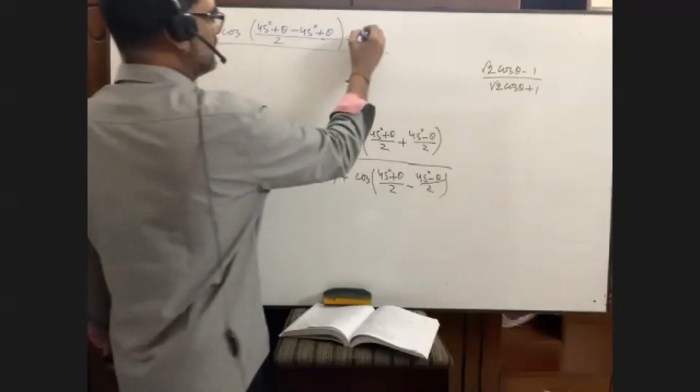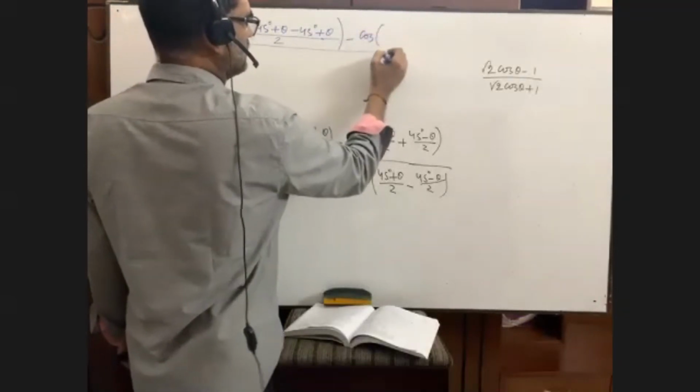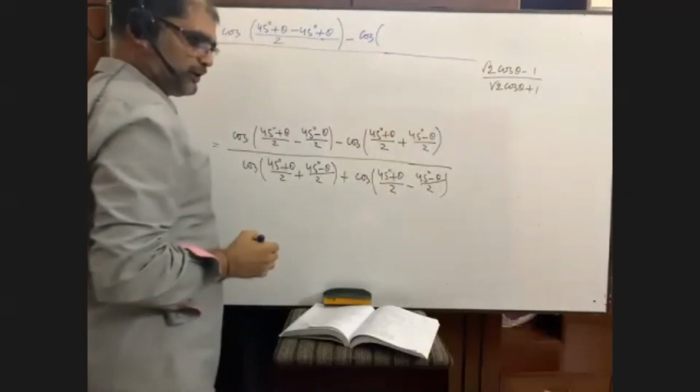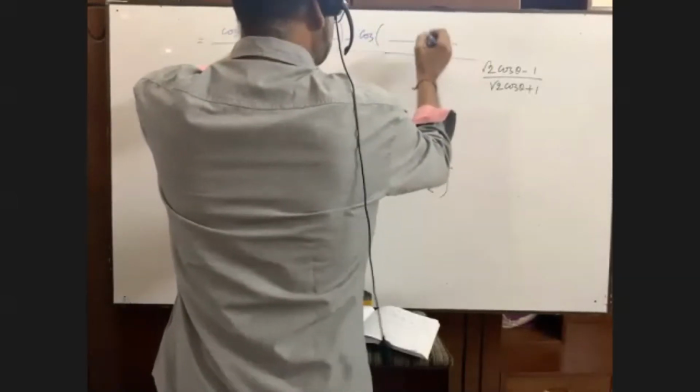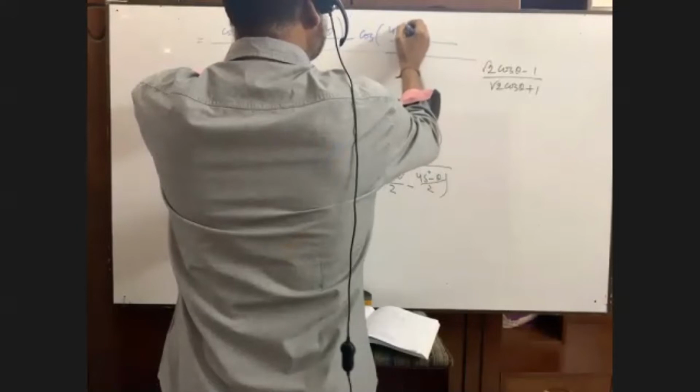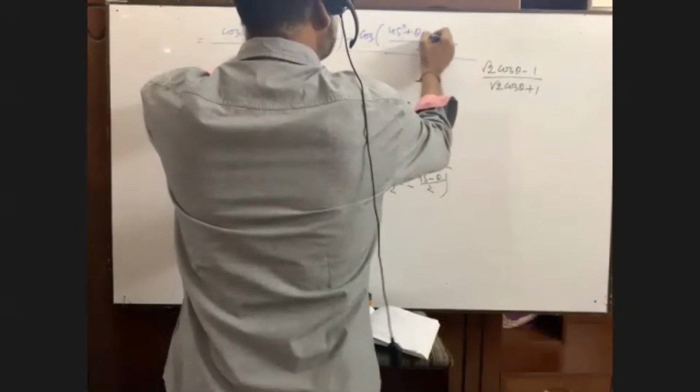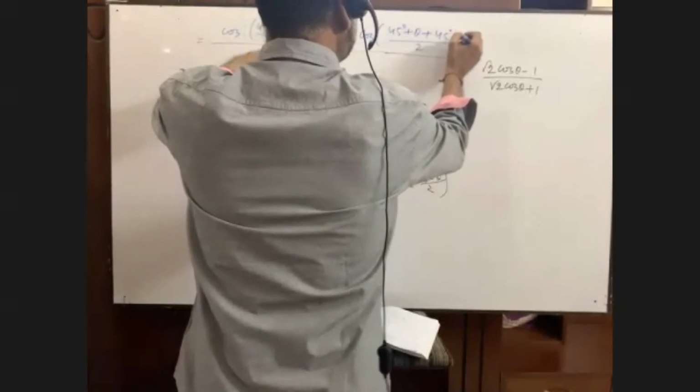Minus cosine, you take 2 LCM 45 degree plus theta plus 45 degree minus theta.